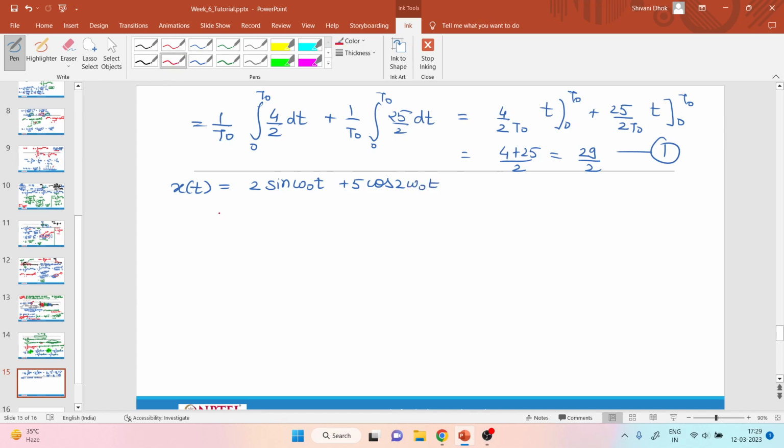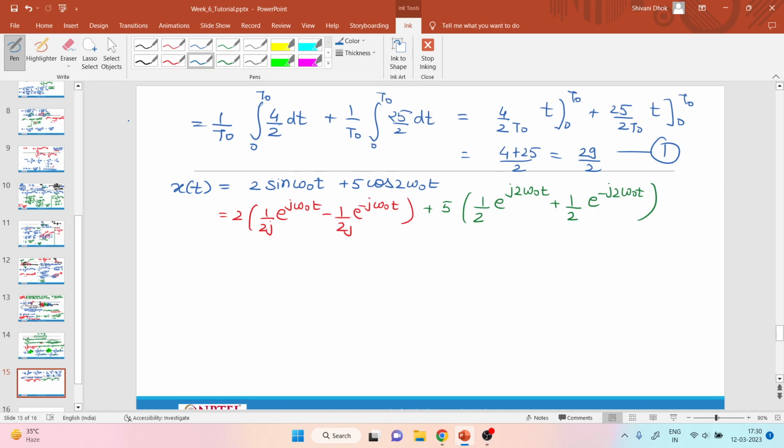Now this I can write as 2 times 1 by 2j e power j omega naught t minus 1 by 2j e power minus j omega naught t, and this 5 cos 2 omega naught t I can write as 5 times 1 by 2 e power j 2 omega naught t plus 1 by 2 e power minus j 2 omega naught t.